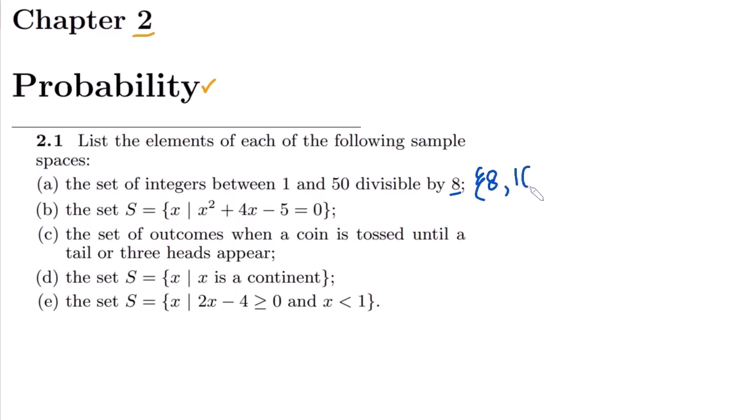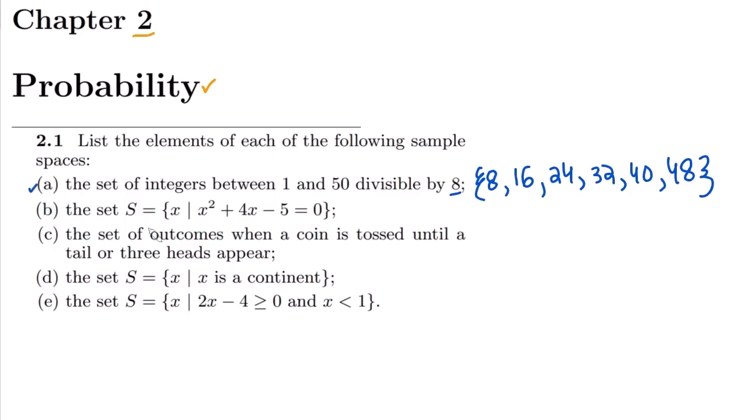The other one will be 16, the third one will be 24, 32, 40, and the last one here would be 48, and then we close it. In between each element I have to put a comma. That is basically the method of writing the sample space, defined by the statement given in part A.